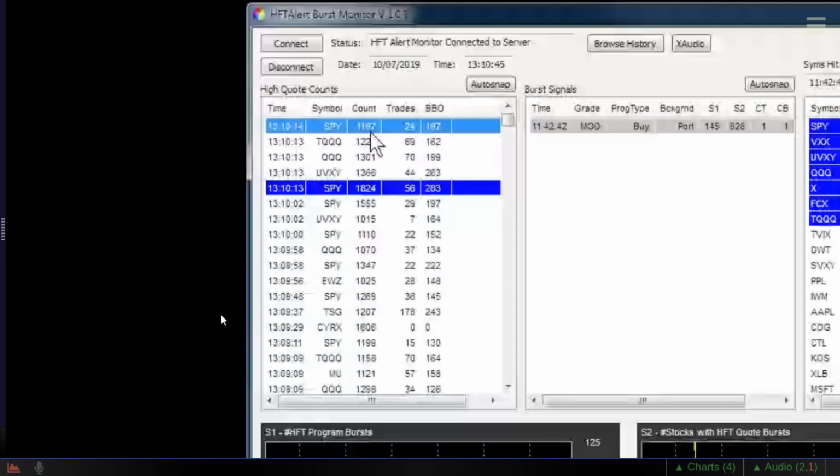Now, that's 1,000 quote changes in a single second. I can guarantee you, if you looked at your Thinkorswim trading platform or TradeStation or any of these others, there is absolutely no way that you will see 1,100 quote changes over that second. They simply can't provide that level of resolution on those tapes.